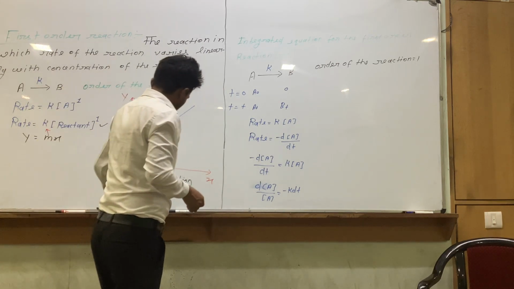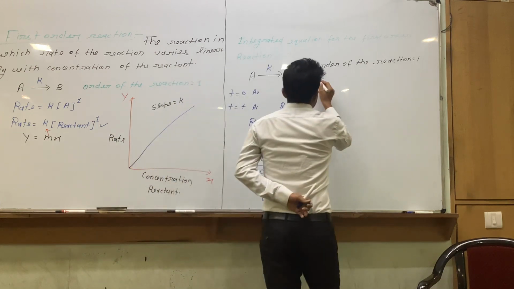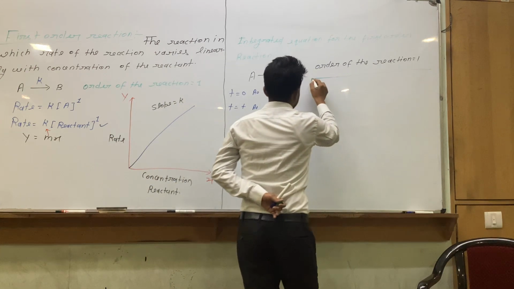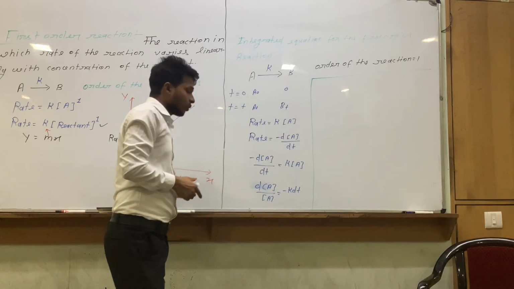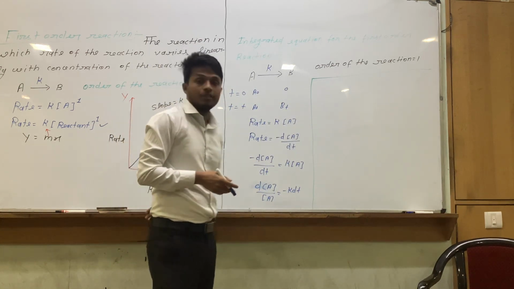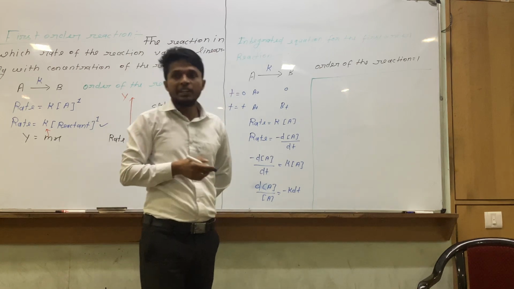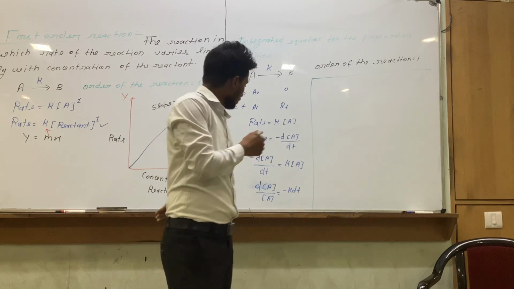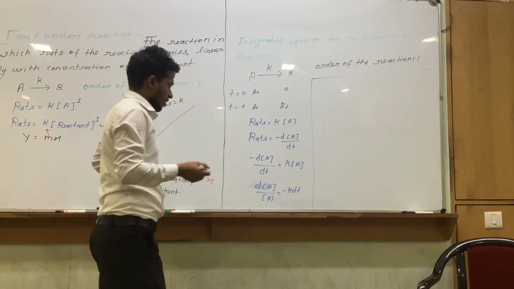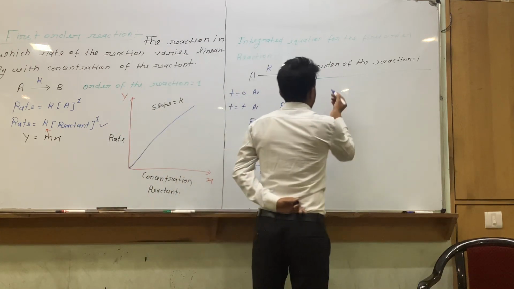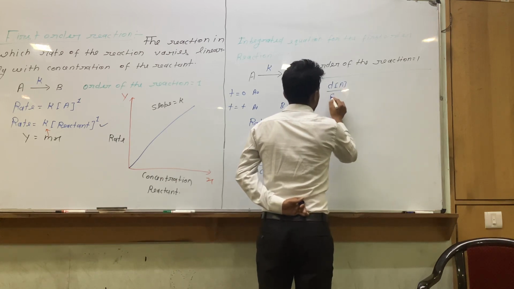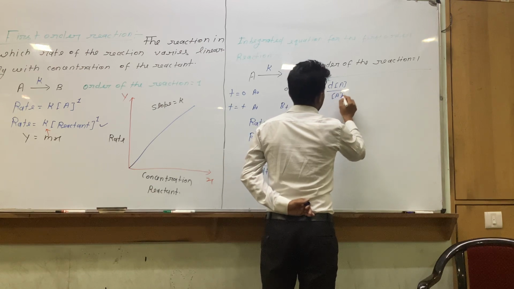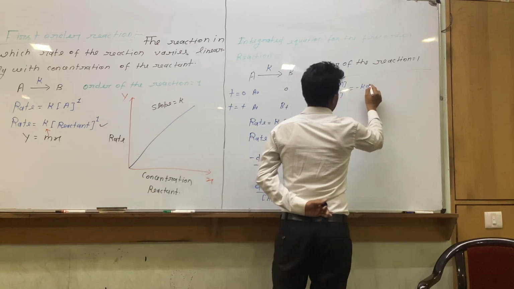Now I am going to calculate the integrated rate equation for the first order reaction. That means we need to integrate both sides. Now I am integrating both sides: d[A] upon the concentration of A is equal to minus k dt.